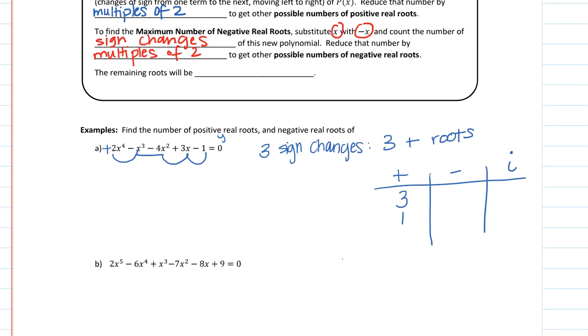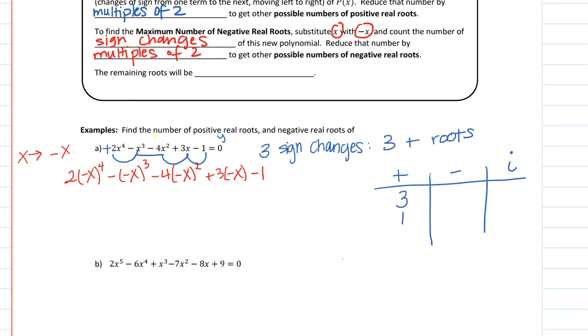Okay, so let's try this. First we have to take all the x's out and plug in a negative x. So I'm going to write 2 times negative x to the 4th minus negative x cubed minus 4 times negative x squared plus 3 times negative x minus 1.